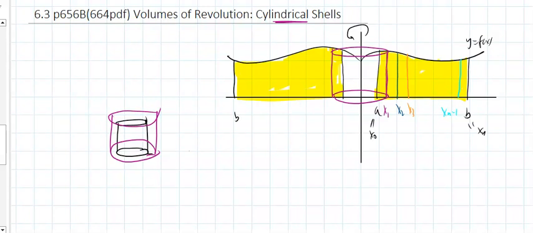And then from x sub 1, next one is the blue. So keep in mind the inside is hollow. We're talking about the surrounding of this. So the inside is empty.